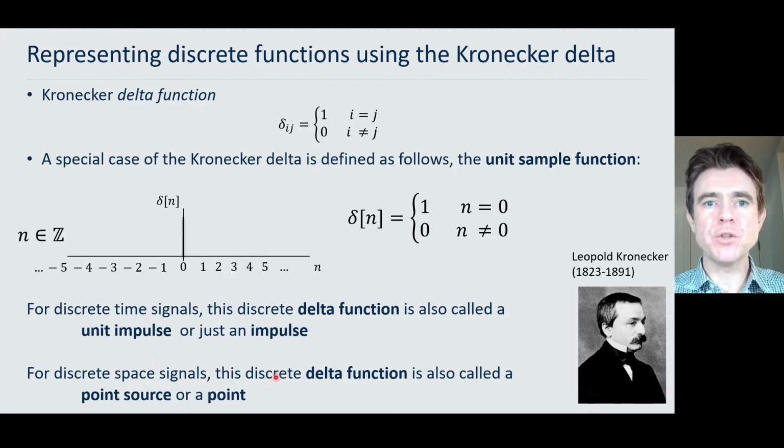For spatial signals, like in an imaging context with discrete images, this would be considered a point source. For the quantum mechanical case, it would be the Dirac delta function, used as an idealized example of a completely localized particle.